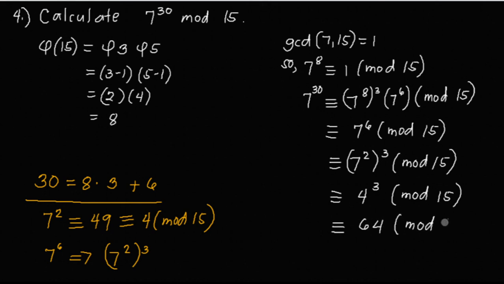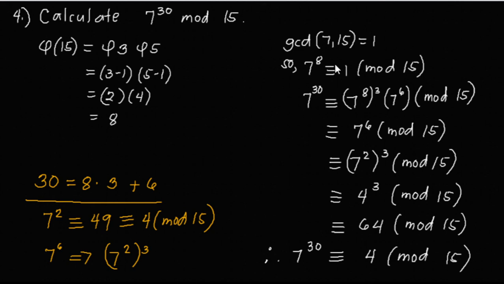'Di ba? And when we divide 64 by 15, we can now conclude that 7 raised to 30 is congruent to 4 mod 15. Okay.